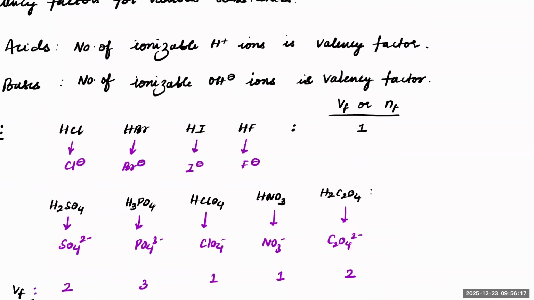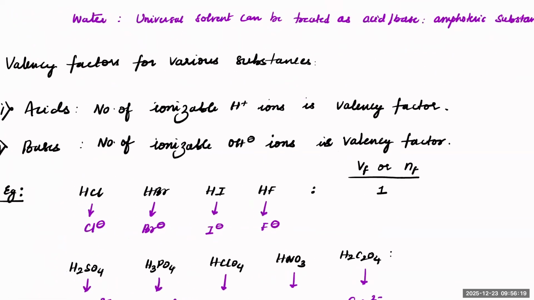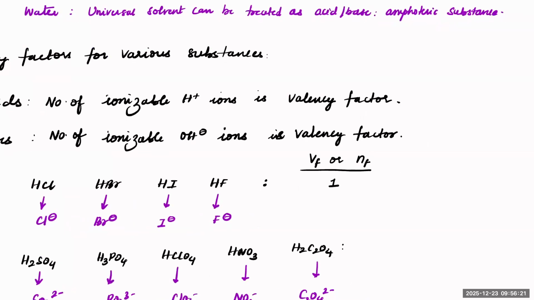Now, let me go back here to the definition. Whenever you have an ionization being defined, that is how many ionizable hydrogens you are giving. That is also called the basicity of acids. Likewise, the number of ionizable OH minus is called the acidity of bases.